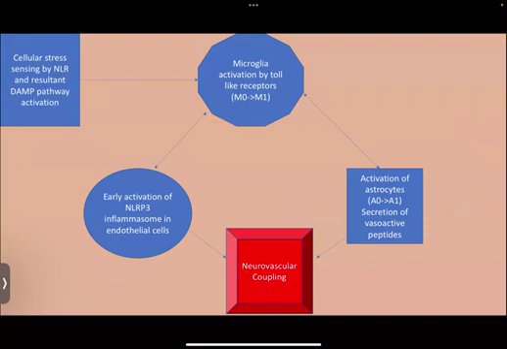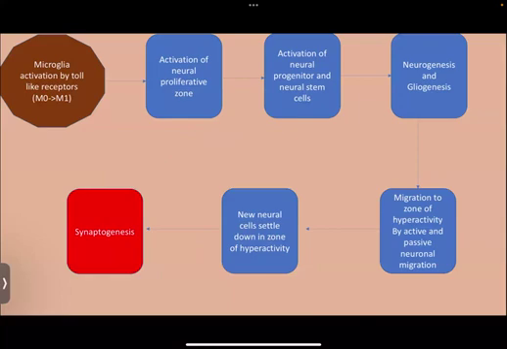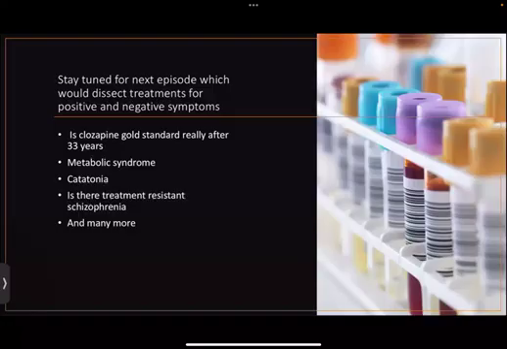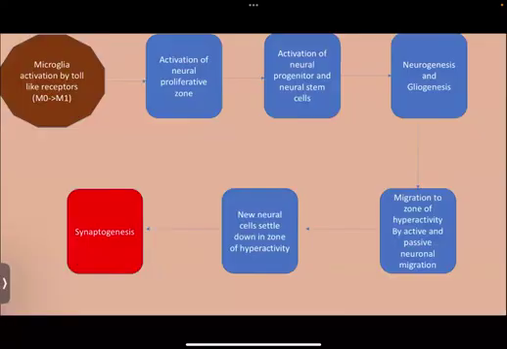Then that would cause microglial activation, microglial astrocyte corresponding activation and disinhibition. When there is microglial activation, astrocyte is also activated, but when astrocyte is activated, it tries to stop activation of microglia. Then there is activation of NLRP3 inflammasome and neurovascular coupling. Then there are various ways the cytokinogenesis occurs, and this leads to various other things. I am not going into more details today.